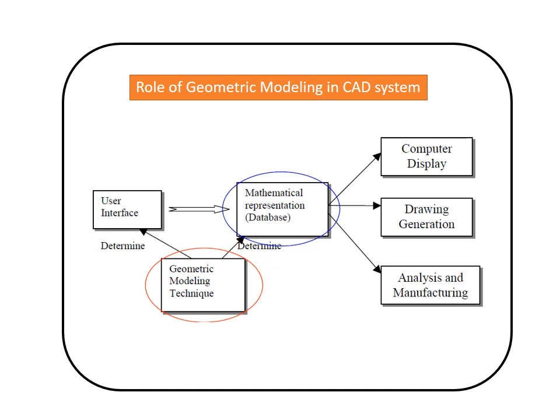This technique takes the engineer's idea and converts it into a mathematical representation, so it can be shown on the computer display after the generation of the drawing. Then this drawing can be used to build 3D models and for further analysis, and finally it can be used for manufacturing.